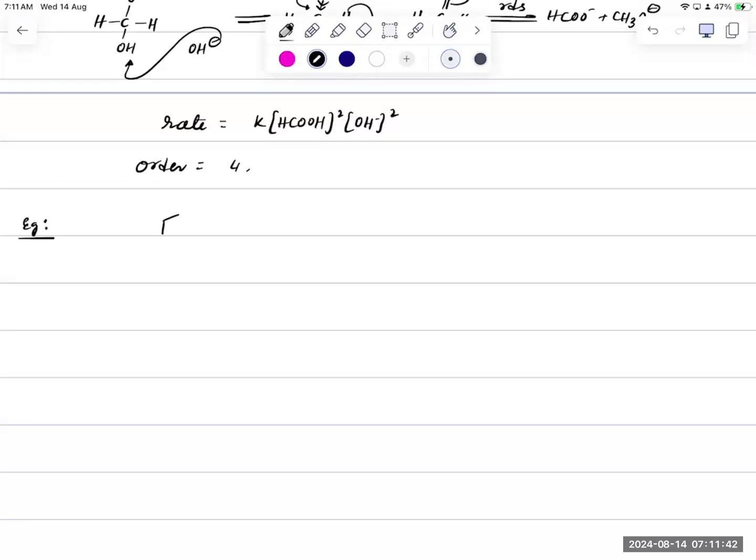So if you have benzaldehyde and I'm treating it with formaldehyde with 50% NaOH, in such a case, you will notice that formaldehyde will get oxidized and benzaldehyde will get reduced.